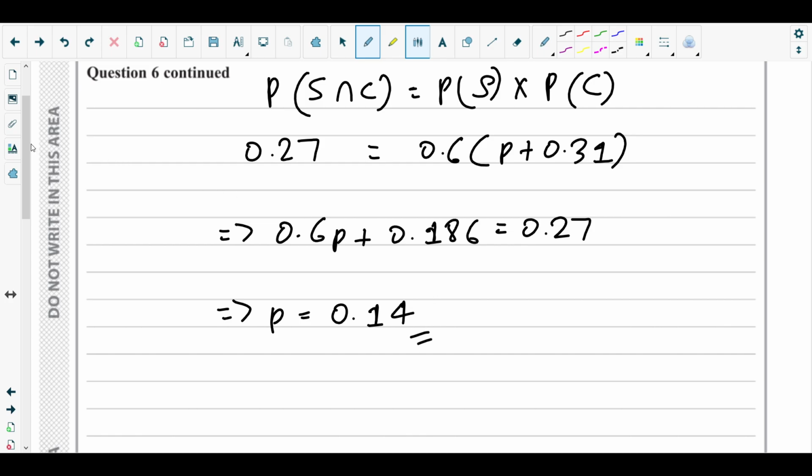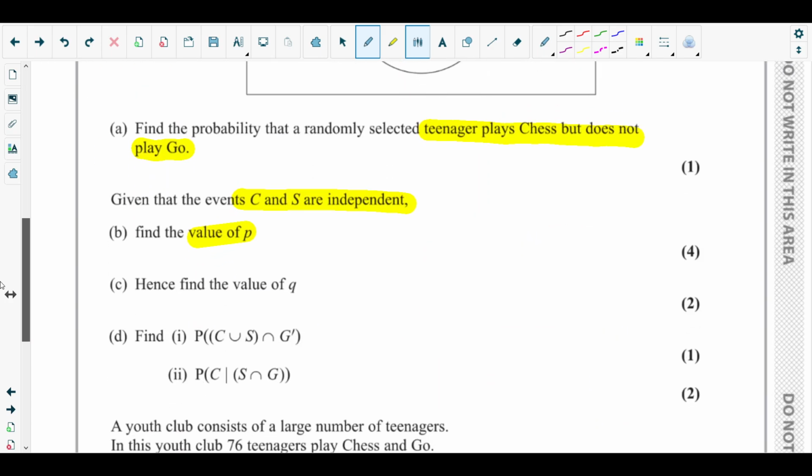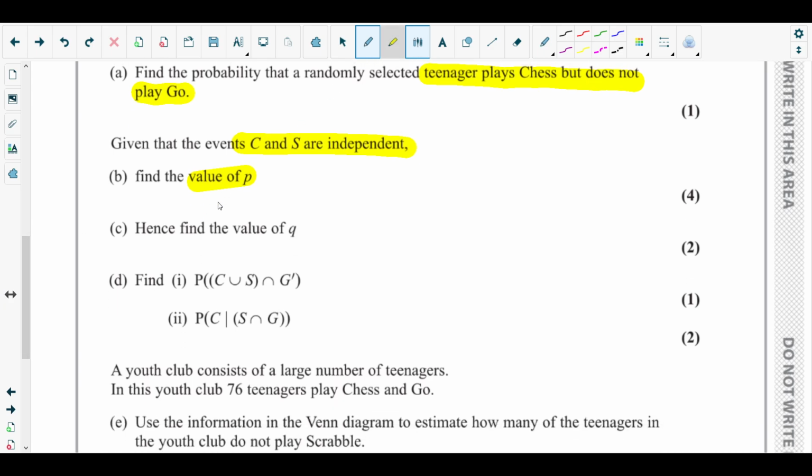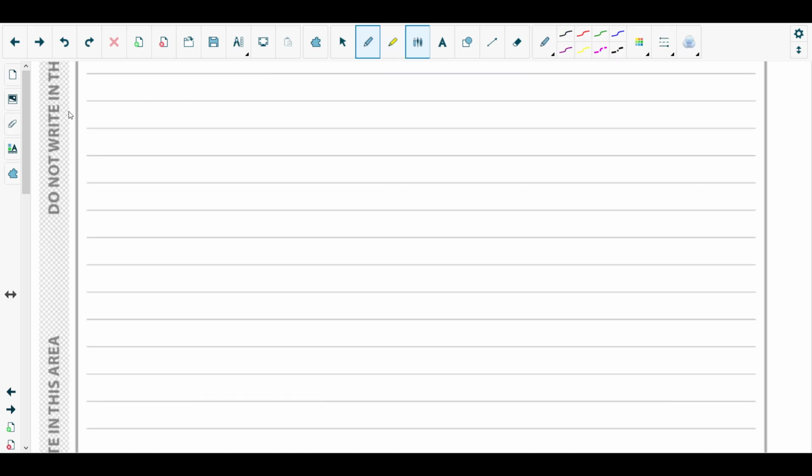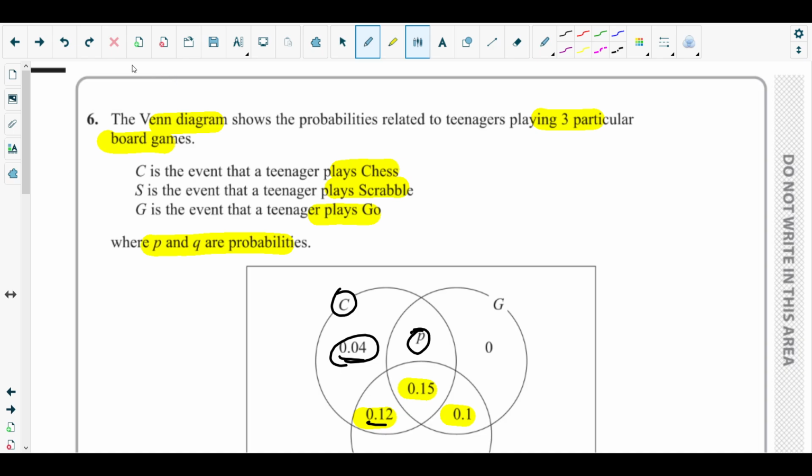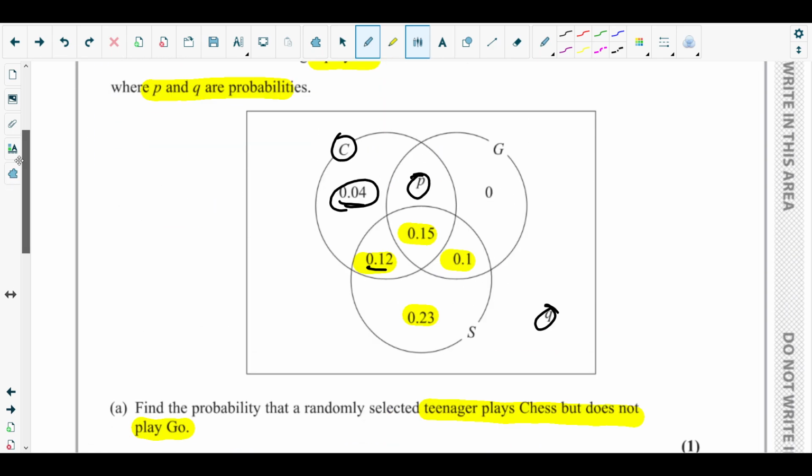Now in part C they are asking to find the value of Q. It's pretty easy to find the value of Q, because if you see the Venn diagram, Q is outside all of the circles.